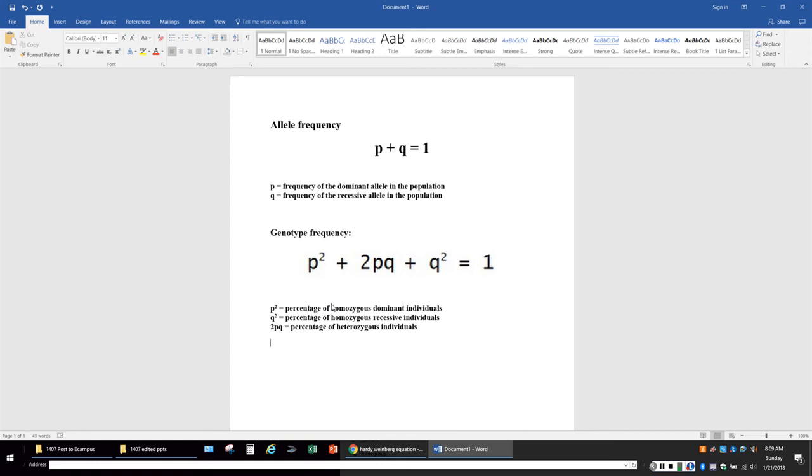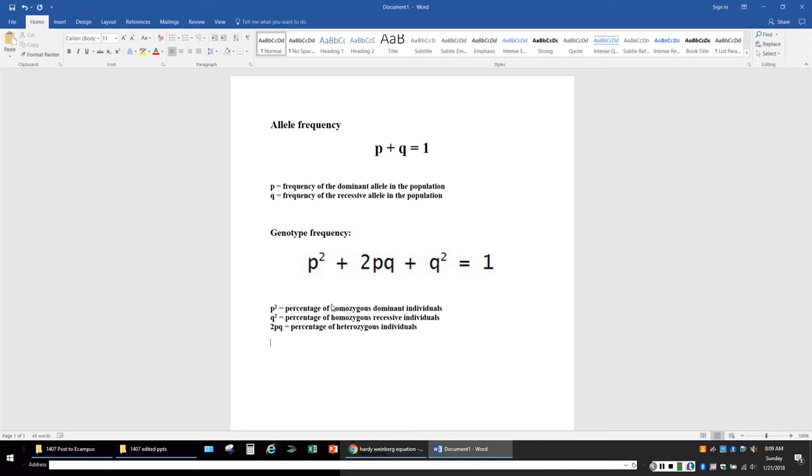Okay, so in any given population, these alleles exist at some kind of frequency, right? You can sample a population and say what is the frequency, how common is the big B brown allele, and how common is the little b white allele. That would be their frequencies. So we use p, the lowercase letter p, to designate the frequency of a dominant allele, and q to indicate the frequency of a recessive allele. And so p plus q must equal 1, or 100%, right?